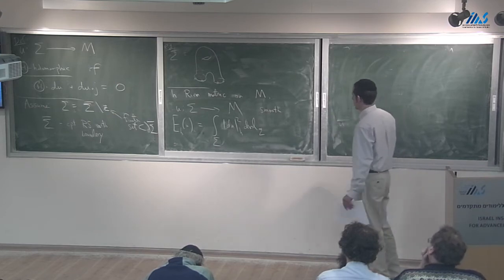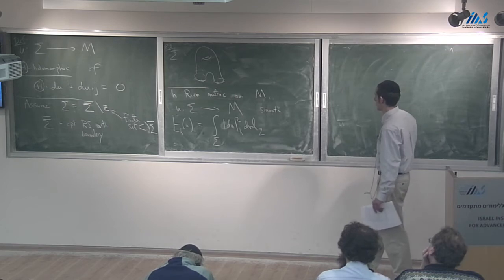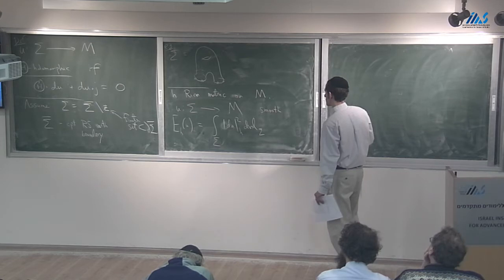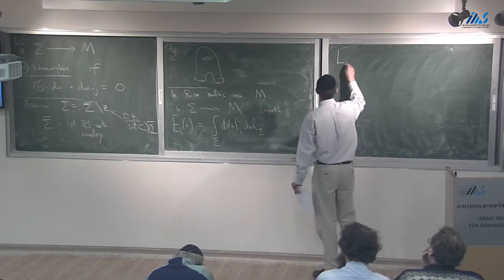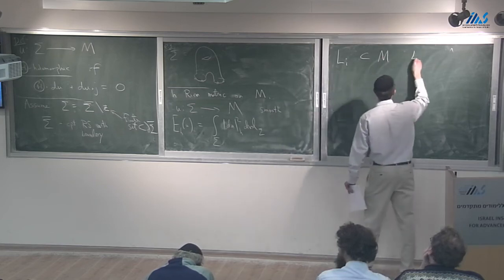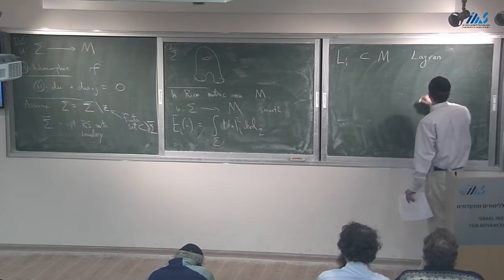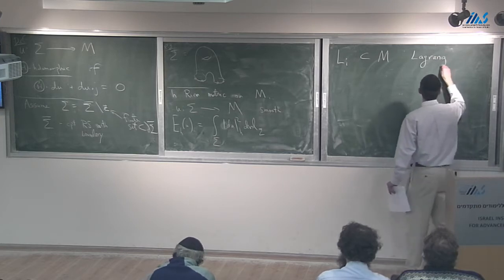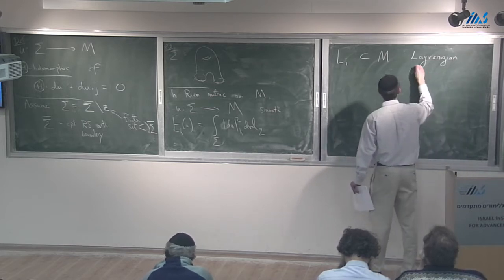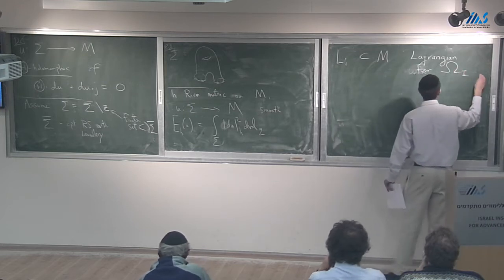So now, what do we want to say? Well, one more piece of information. Okay, so let's suppose now that L_i are Lagrangian submanifolds, say with respect to omega_I.